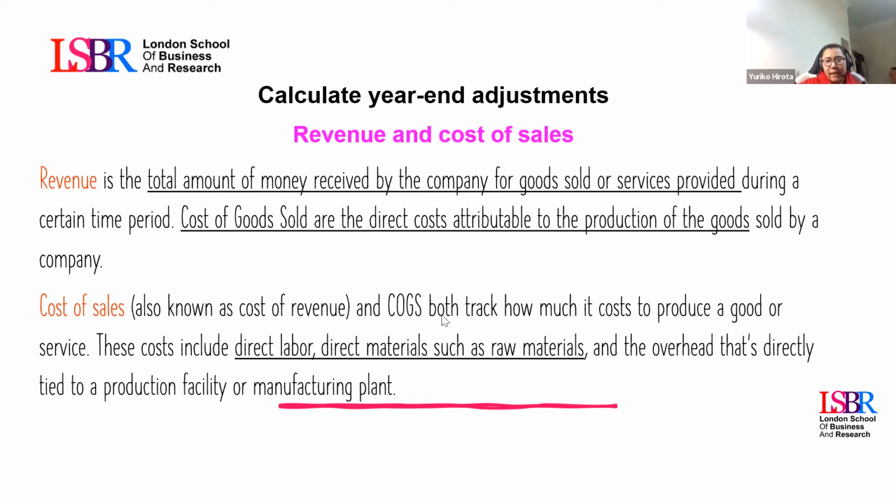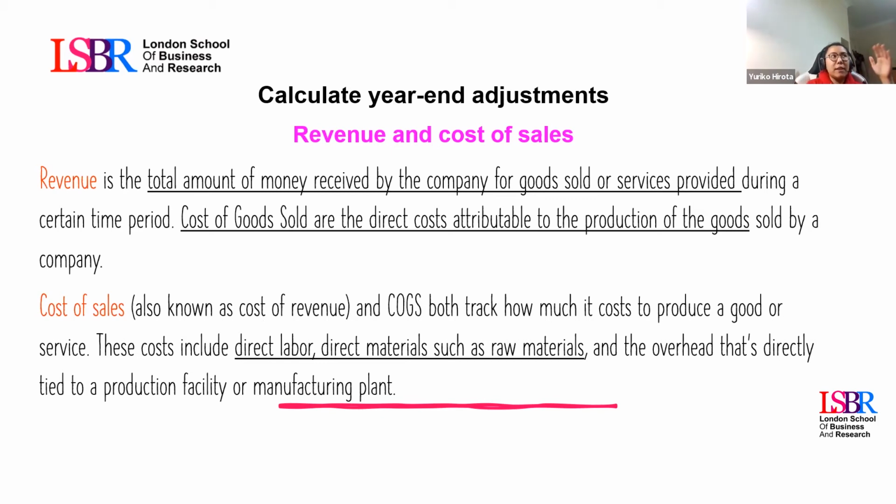Cost of sales is the track of how much it costs to produce any kind of good. So, for example, if we have a manufacturing company, we need to include in the cost of sales, or cost of goods sold, the direct labor.